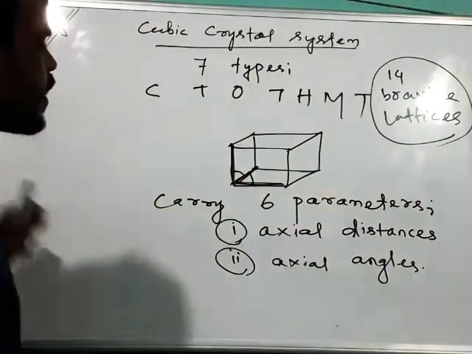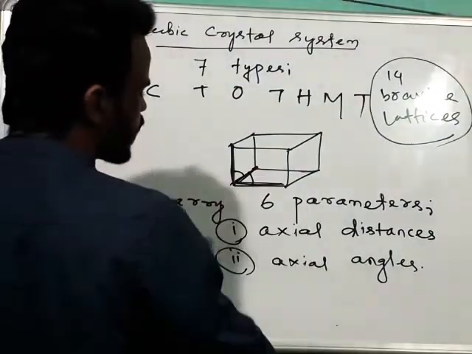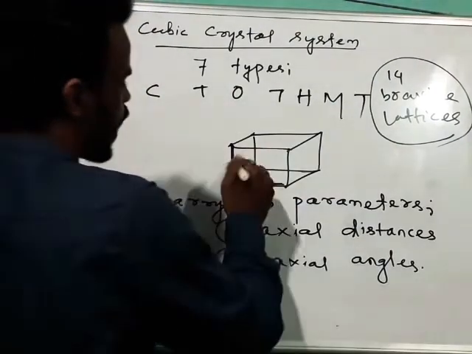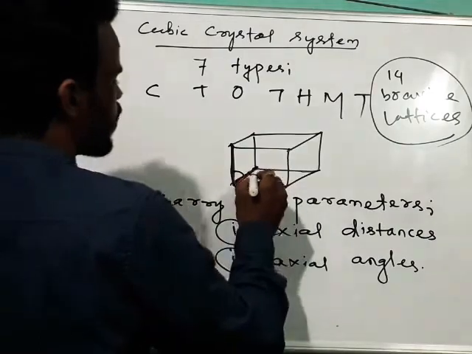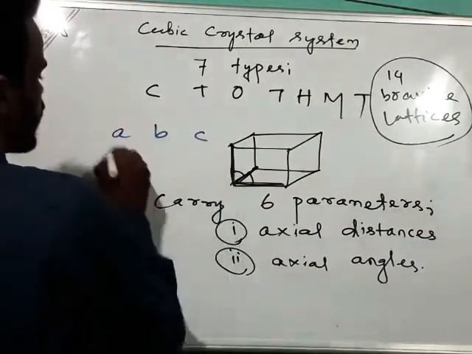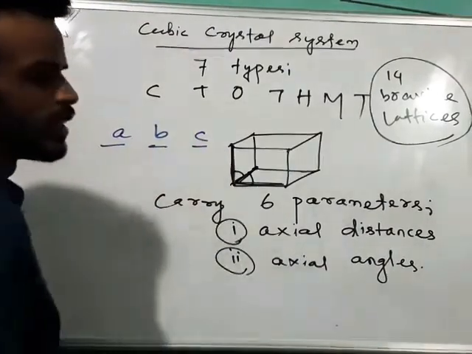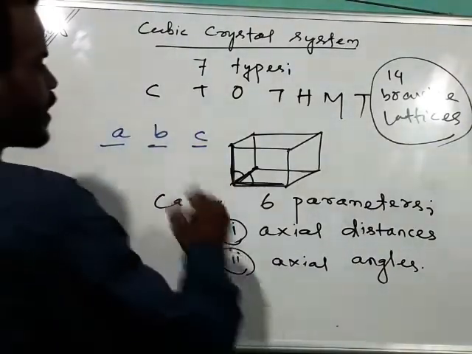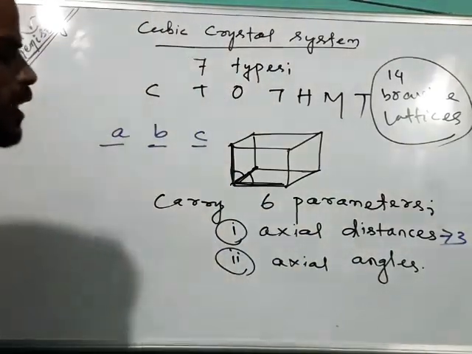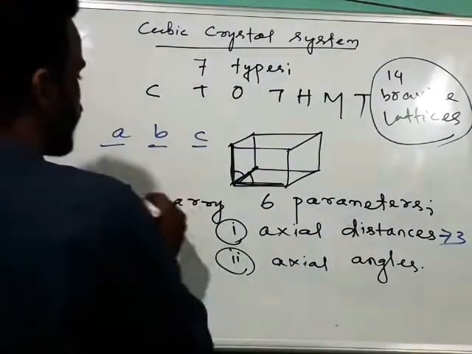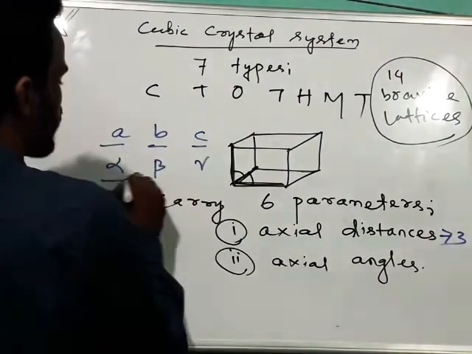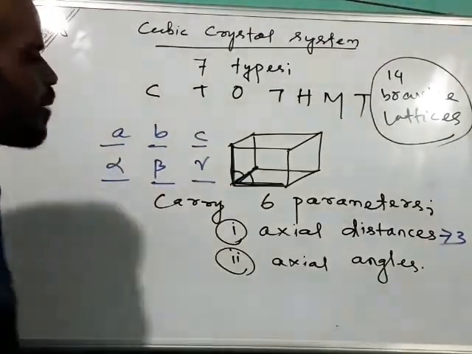These axial distances are named A, B and C. These are 3 axial distances. There are 3 axial distances in a lattice, and there are 3 axial angles named alpha, beta and gamma.